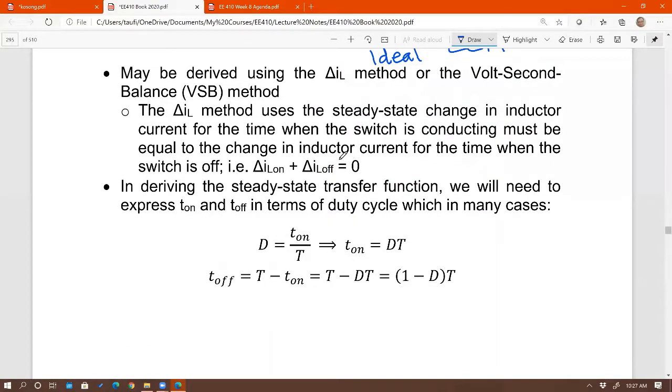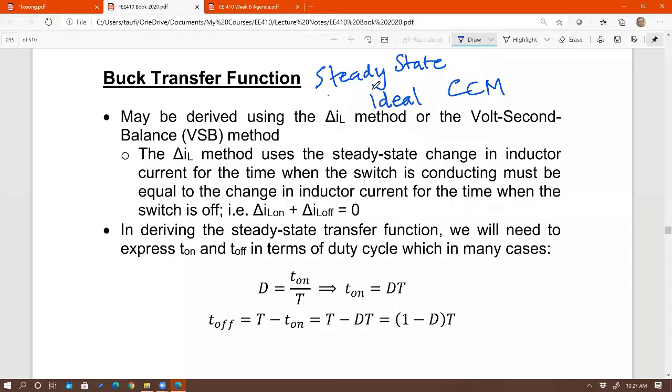For the long way, if the circuit is already operating in steady state condition, that means if I look at the inductor current, again, don't worry about why the shape is a triangular waveform. Let's say that's the inductor current waveform.